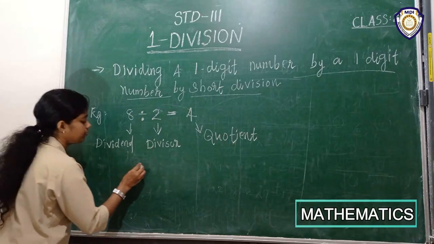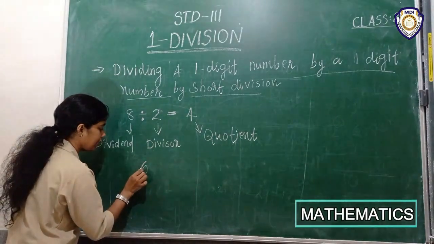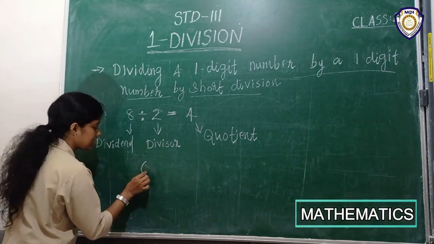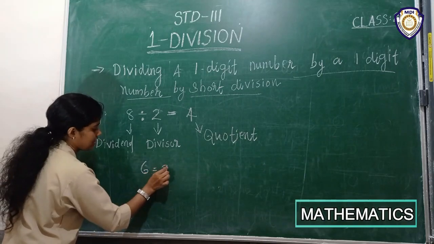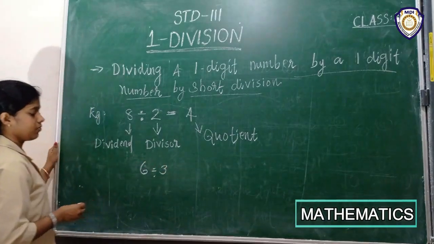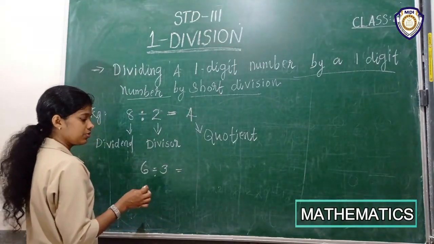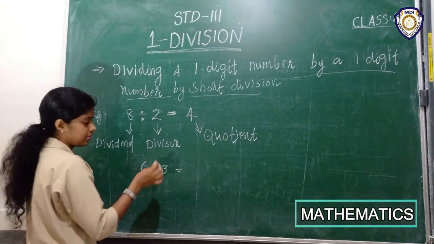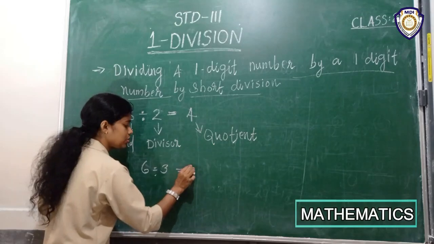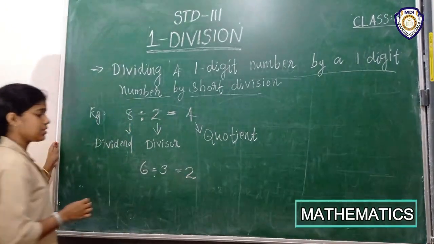Another example, 6 divided by 3. We got the answer. 3 twos are 6. Answer is 2.